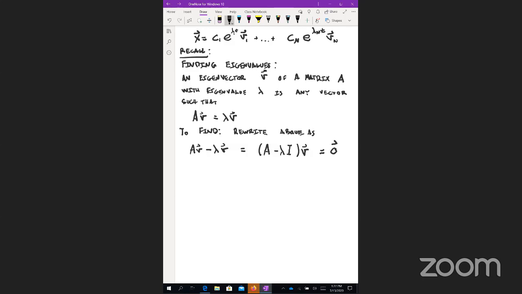In a linear transform sense, there's a non-zero vector which is transformed to the 0 vector, collapsed down. So what does this mean? This means A minus lambda I is degenerate.